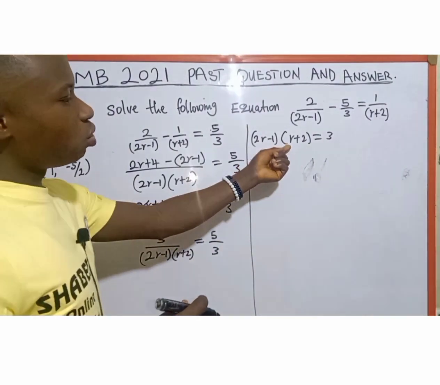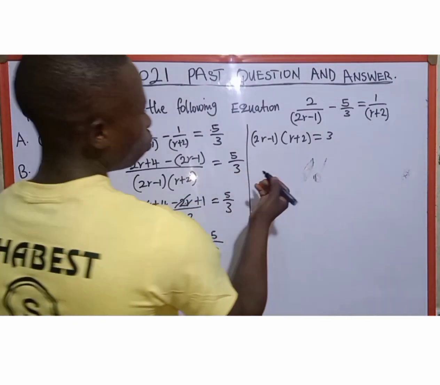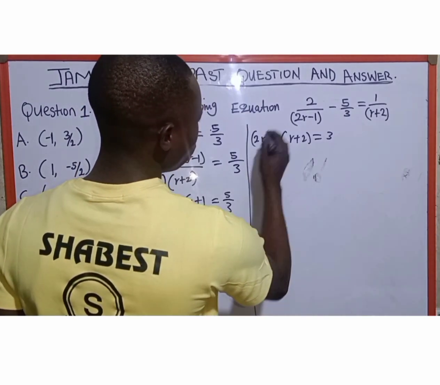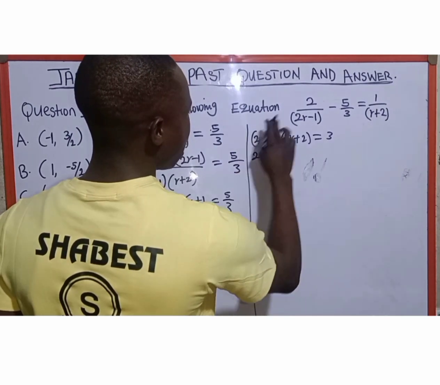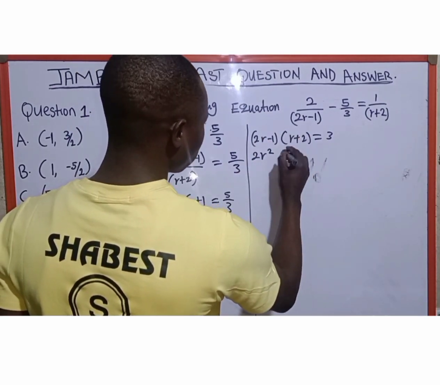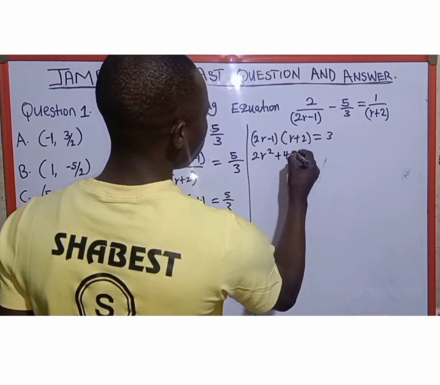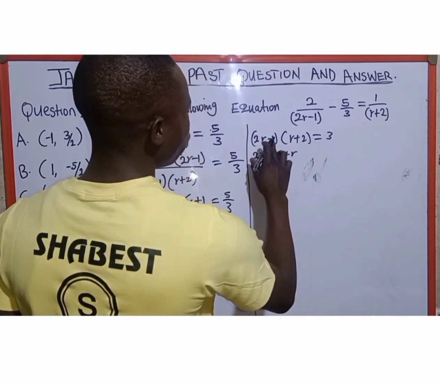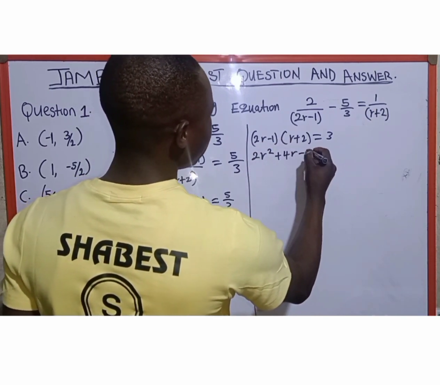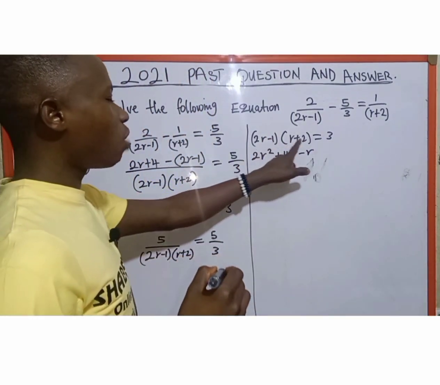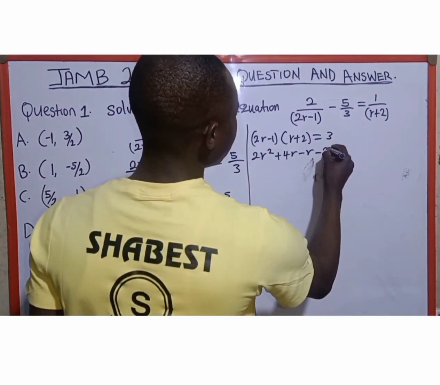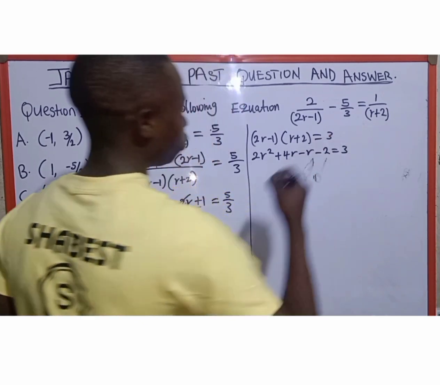The next thing we are going to do is to expand this bracket. 2r multiplied by r is going to give me 2r squared. Then 2r multiplied by 2 is going to give me positive 4r. Then negative 1 multiplied by r is going to give me negative r, which is 1r. Then negative 1 multiplied by 2 is going to give me negative 2, which is equal to 3.